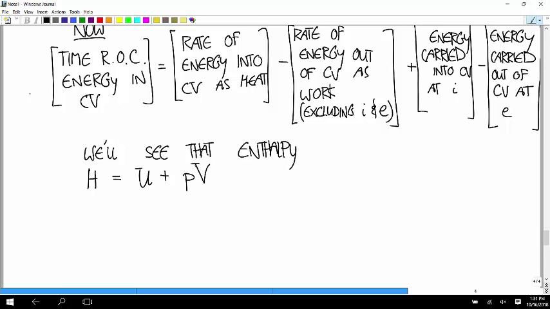And if you do it on a per mass basis, specific enthalpy is equal to specific internal energy plus P times specific volume. No problem.